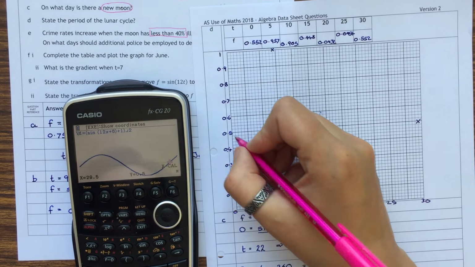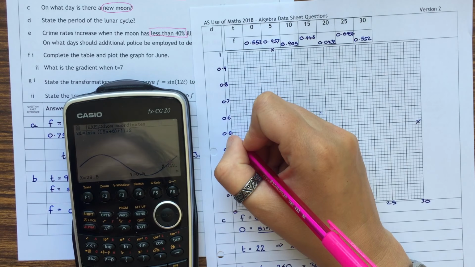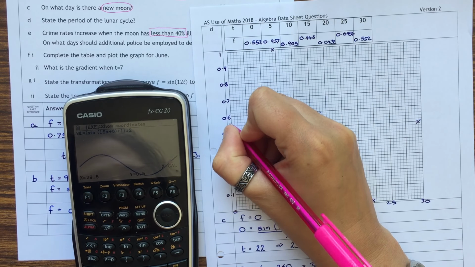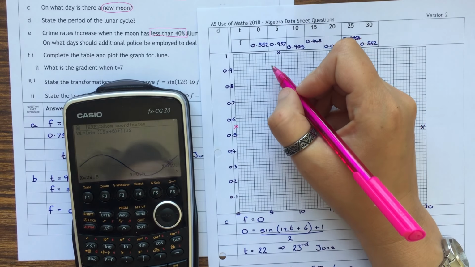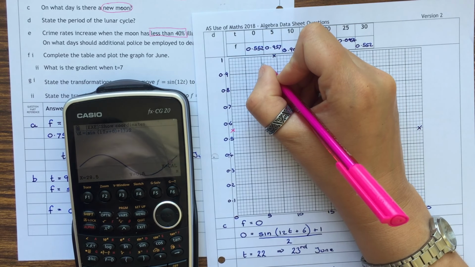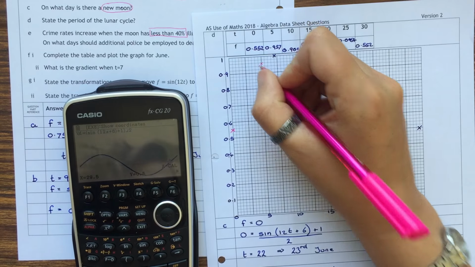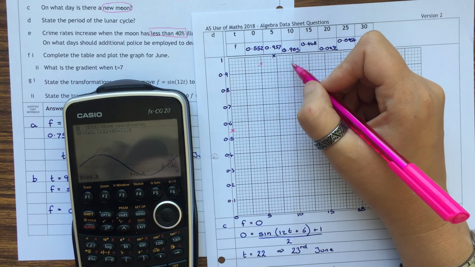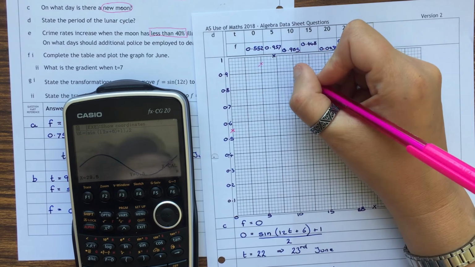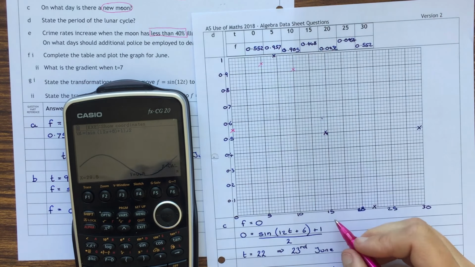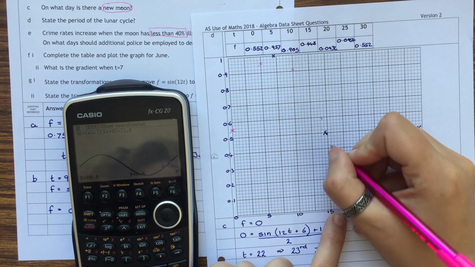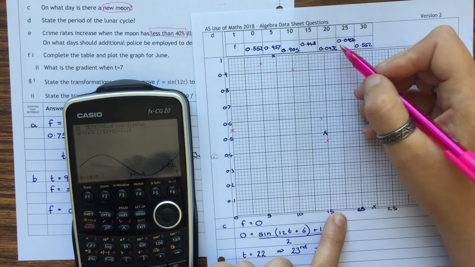So first off, we've got our first one, that's coming in here. We've then got 5 and 0.95. We've got 10, which is there. We've got 15, which is there.